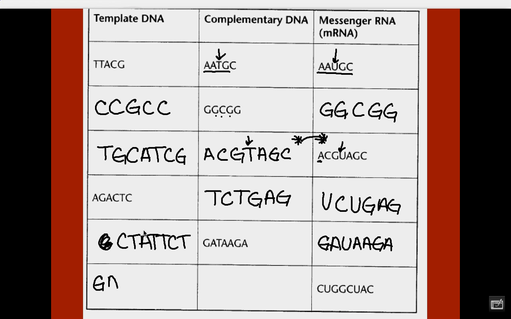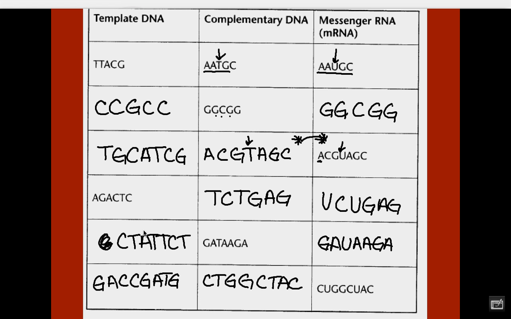G, A, C, C, G, A, T, G. Now the complementary strand would be C, T, G, G, C, T, A, C. Okay.